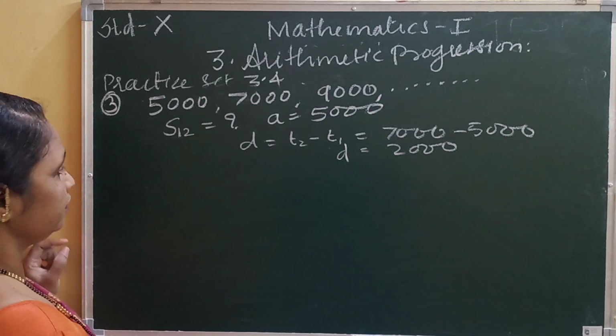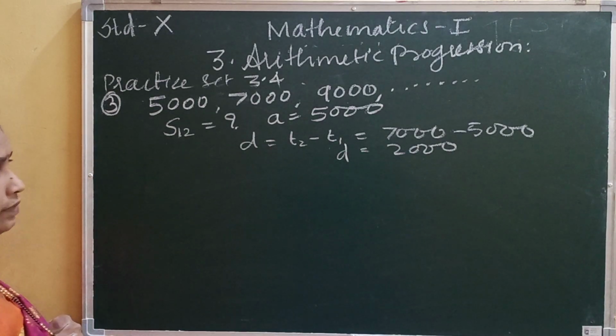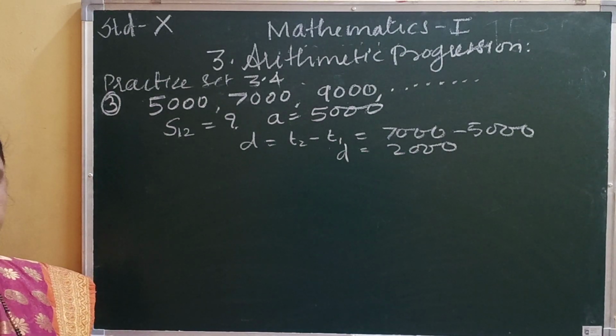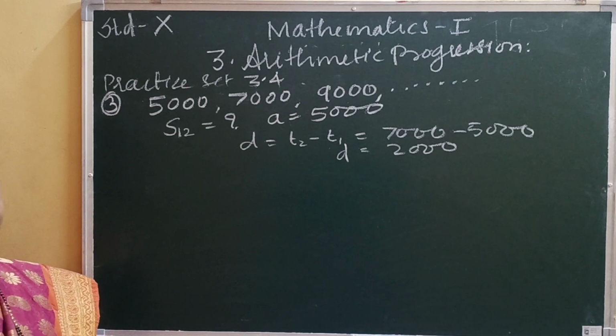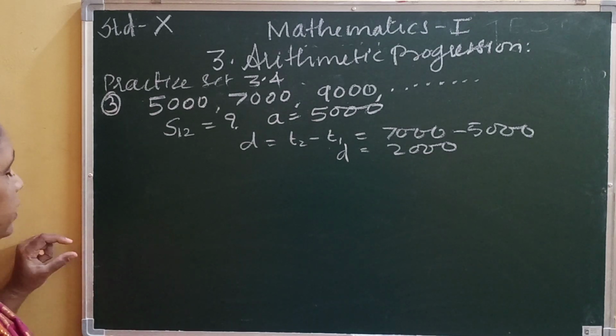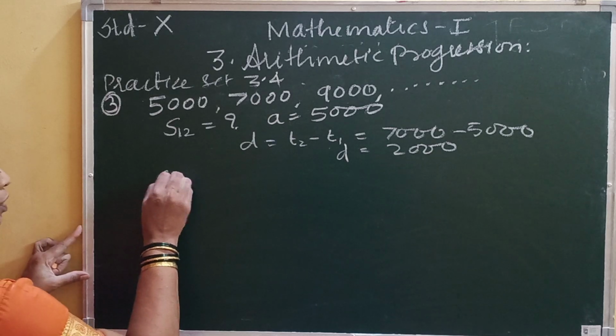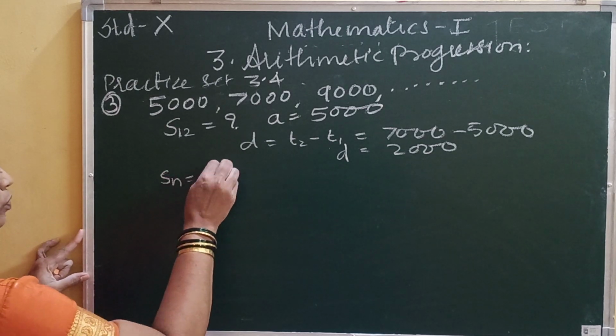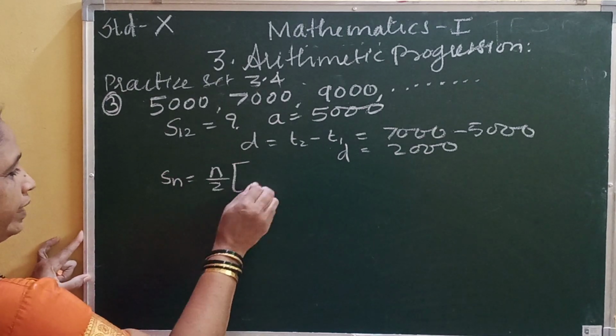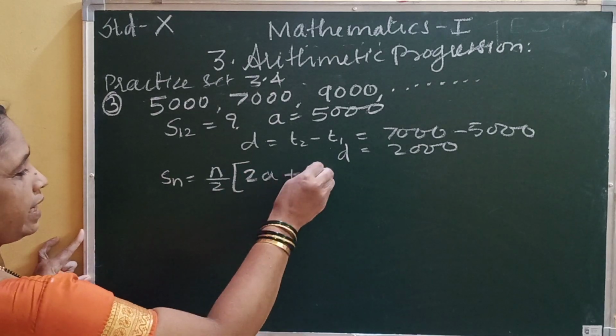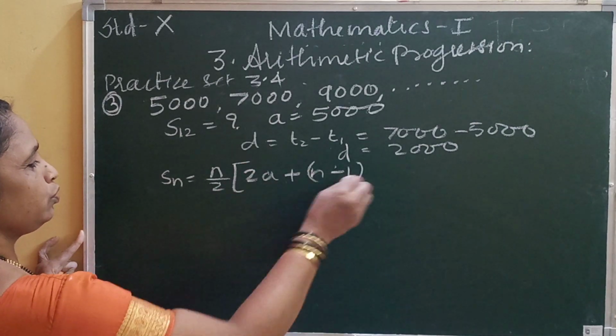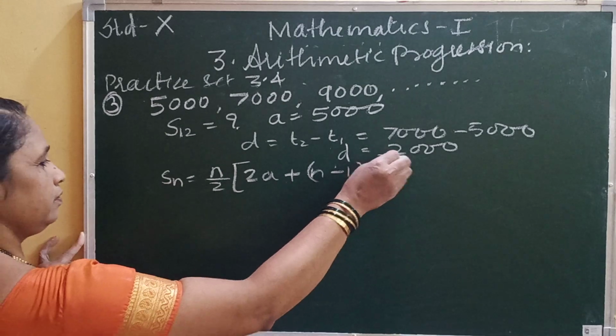This we have got. He saved for 12 years, so the sum of 12 years you have to find out. So the Sn formula you have to use. Sn is equal to n by 2 bracket 2a plus n minus 1 into d.